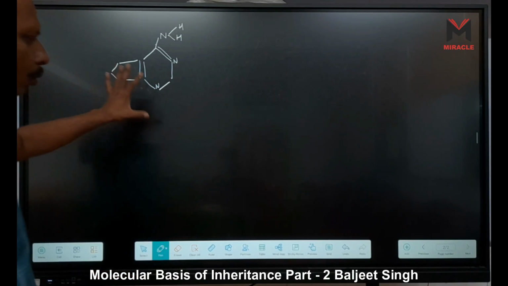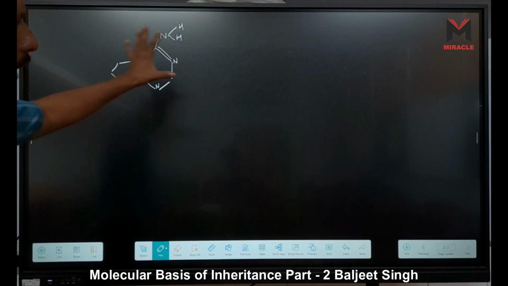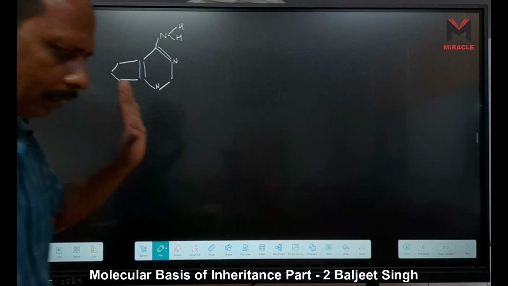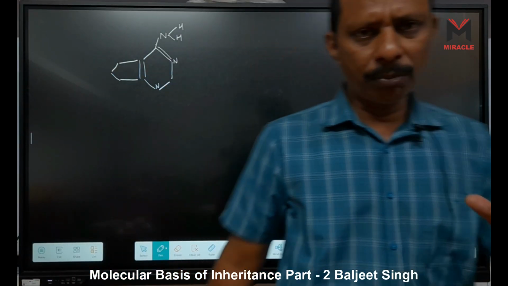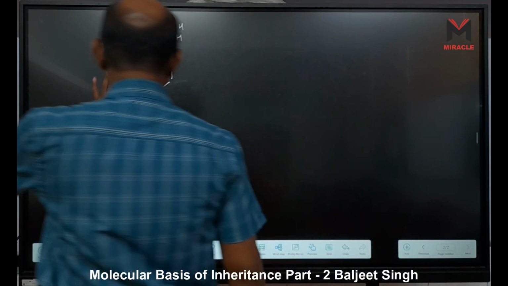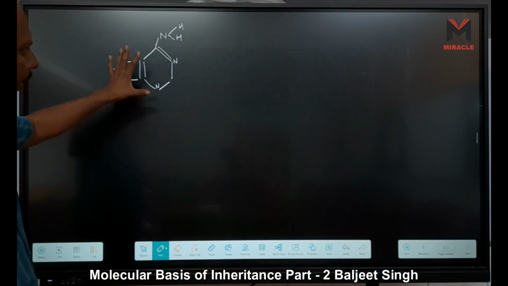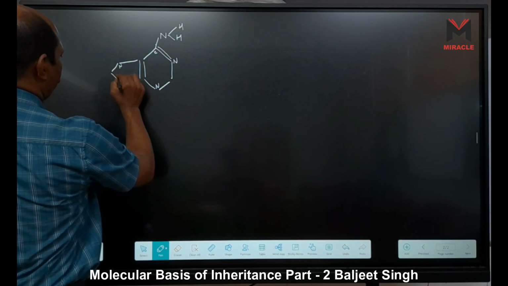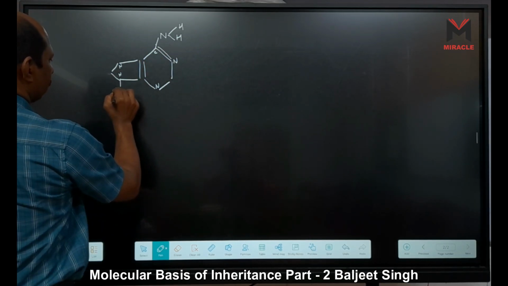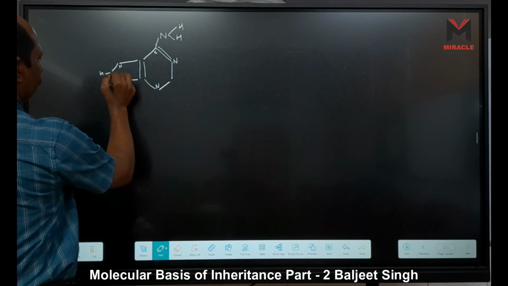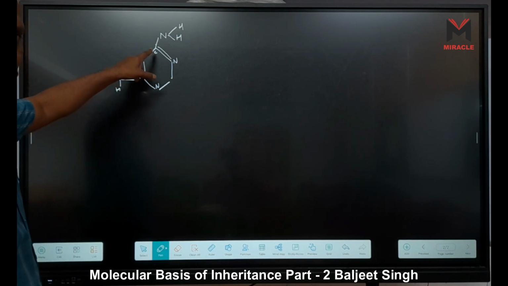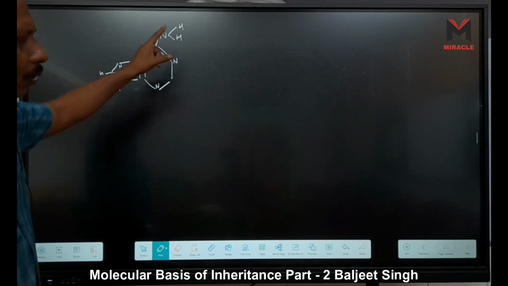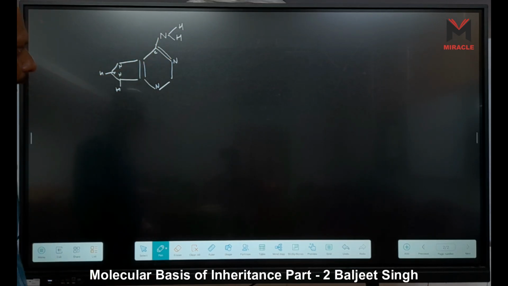We need not discuss the very detailed structure, only how tri and dihydrogen bonds are formed here, right? So this one is adenine. You understand how it is adenine, because this is the first carbon, and this side it is H, this side H. The first carbon contains an amino group, that means it is adenine, right?